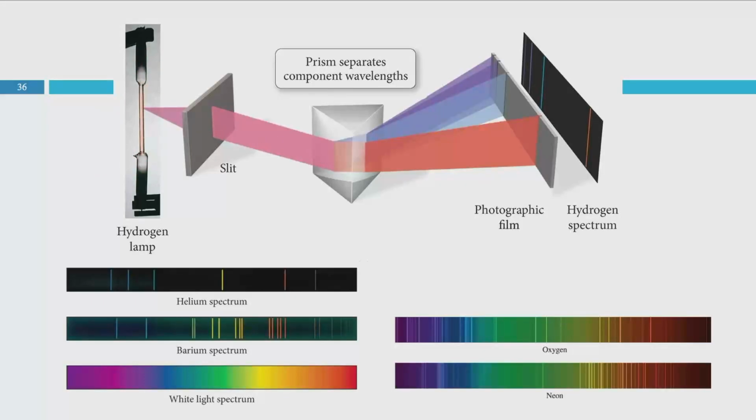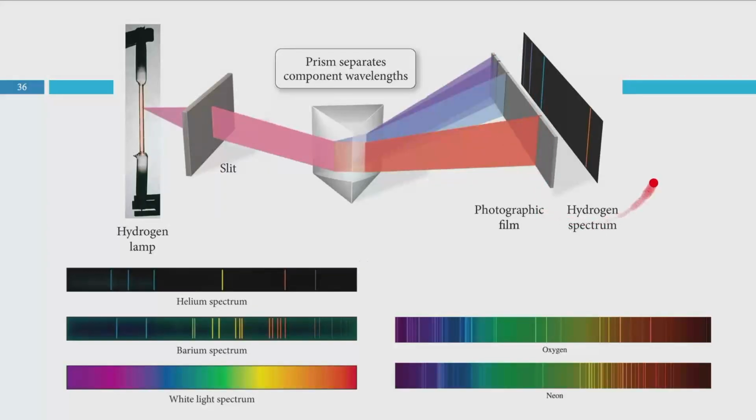This gets it into a nice narrow column of light. Then you pass that slit of light through a prism, and that's going to separate all your colors out, just like you would with white light turning into a rainbow. And you separate that out onto film or a digital surface or something, and then you can see which colors of light were emitted.